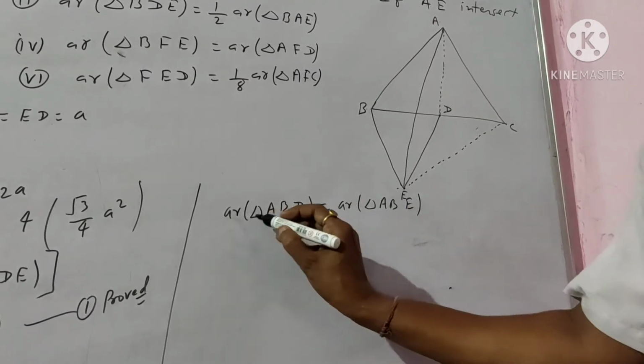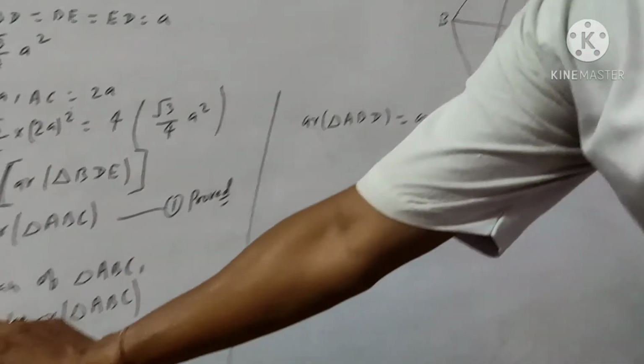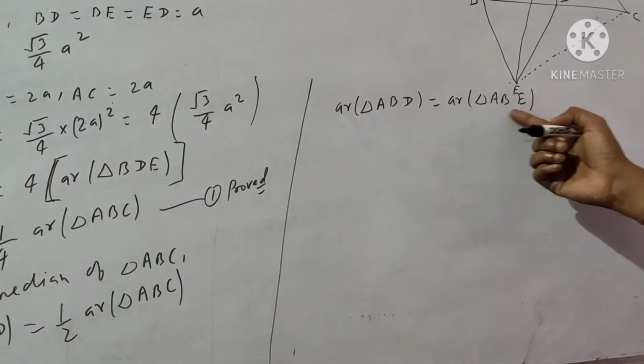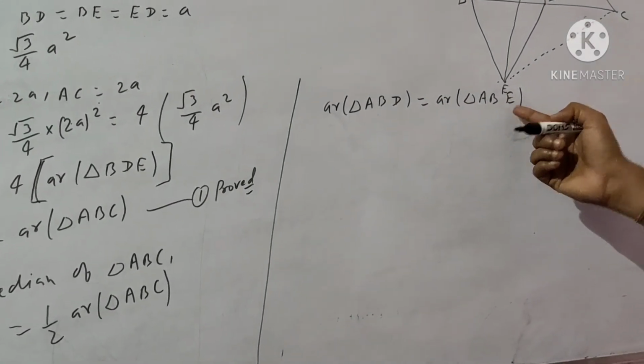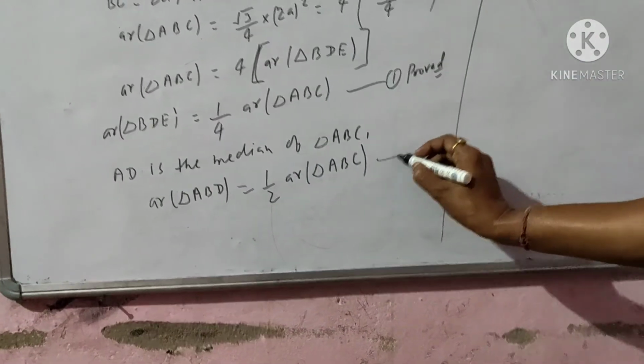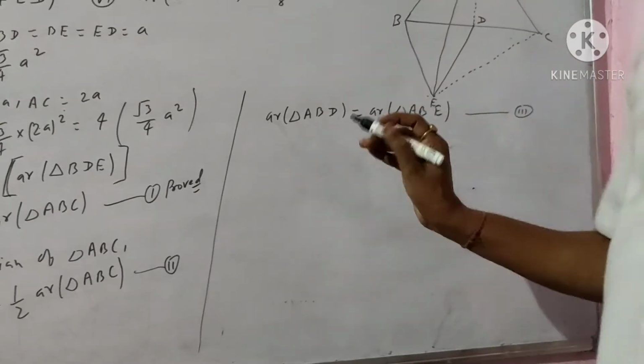So in place of ABD we can write here area of triangle ABE. So put this value here. Suppose this is equation 1, this is equation 2, and this one is equation 3.